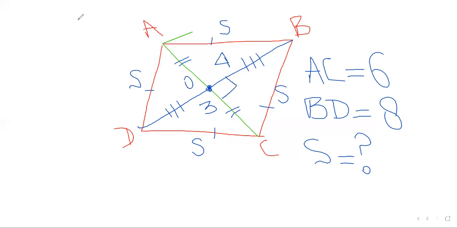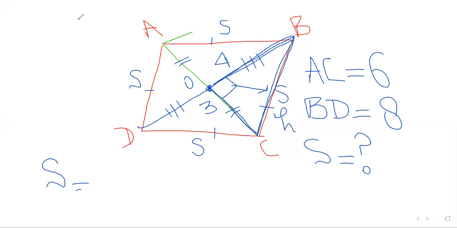So now we have this triangle as a right angle triangle. And if this is a right angle triangle, the side opposite to the 90-degree angle is the hypotenuse. So this H is the hypotenuse of the right angle triangle.